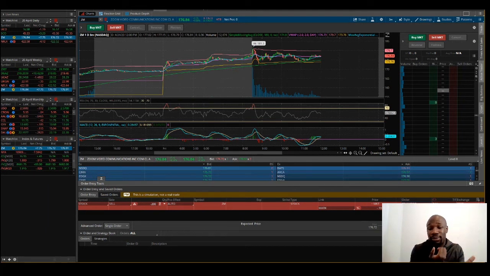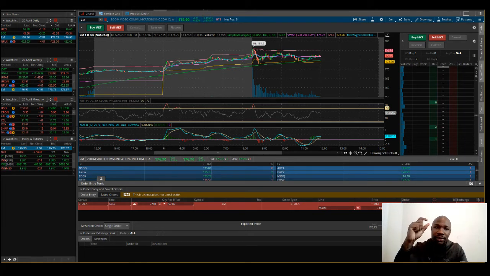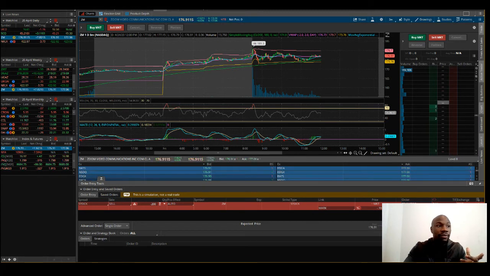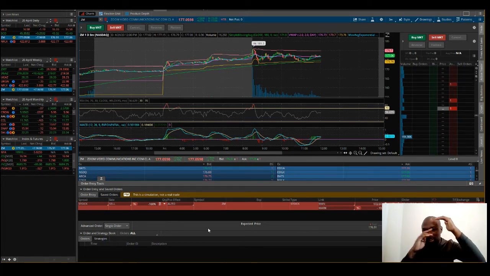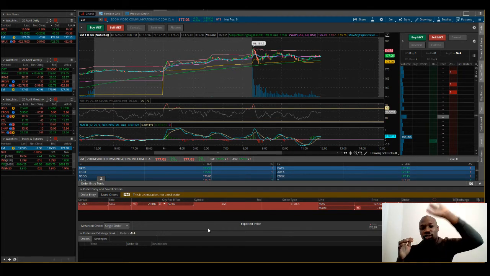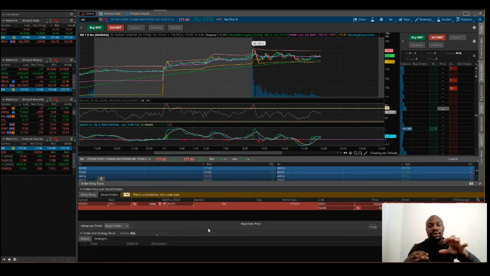A trailing stop limit sells at a specific price point or specific percentage ratio. So you may set your trailing stop limit to always be 20% lower than the actual price. You can set it to always protect 20% of your money, and it'll continue to do that as you make more money.